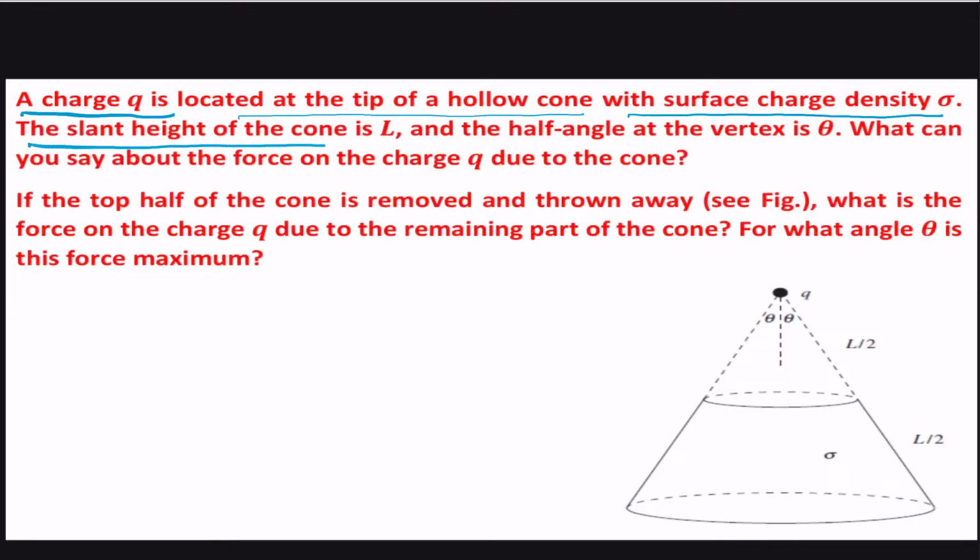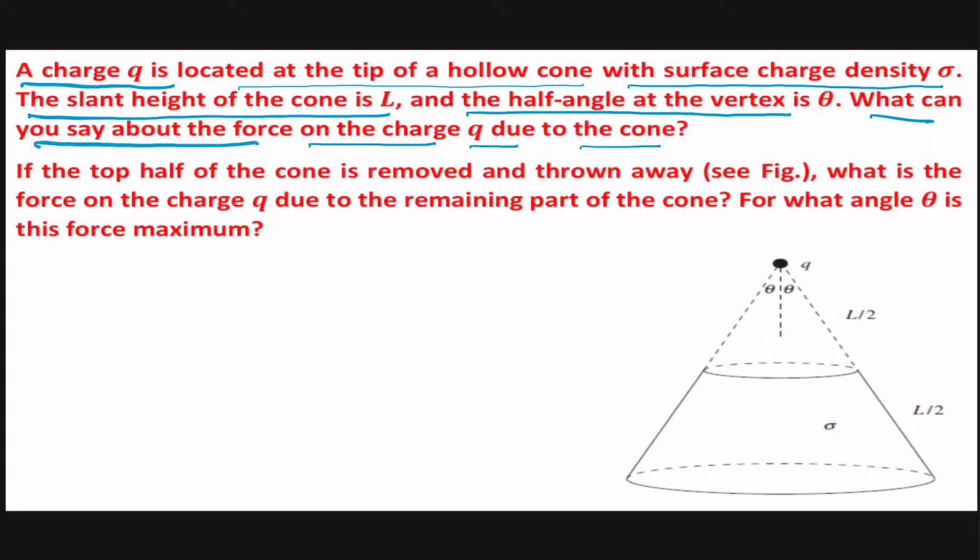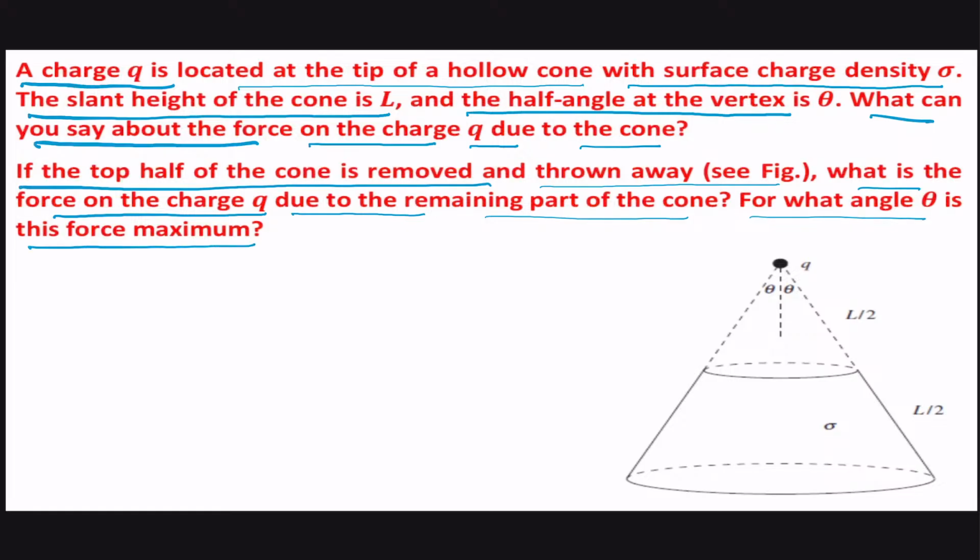The slant height of the cone is capital L. The half angle at the vertex is theta. What can you say about the force on the charge Q due to the cone? And the second part states that if the top half of the cone is removed and thrown away as in the figure, what is the force on the charge Q due to the remaining part of the cone? For what angle of theta is this force maximum?